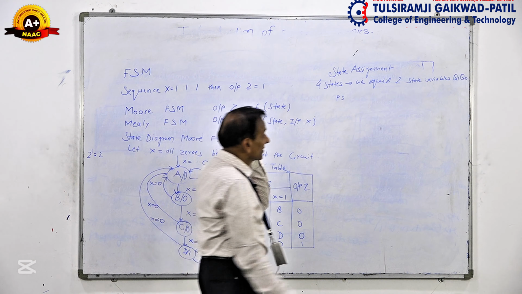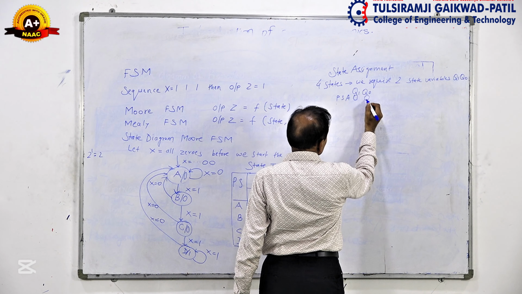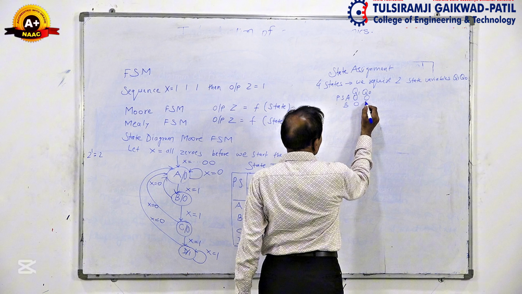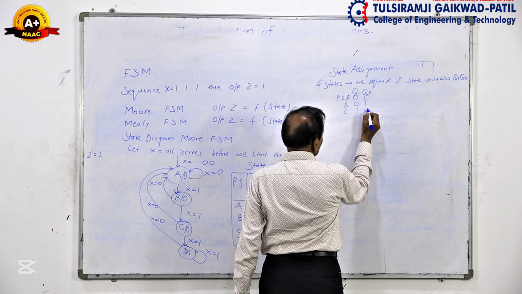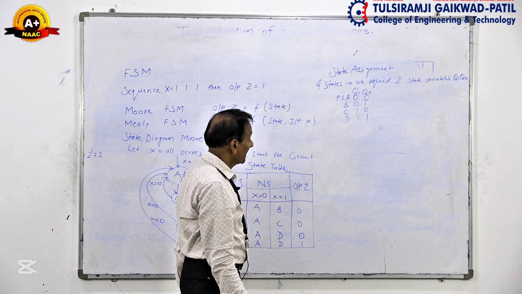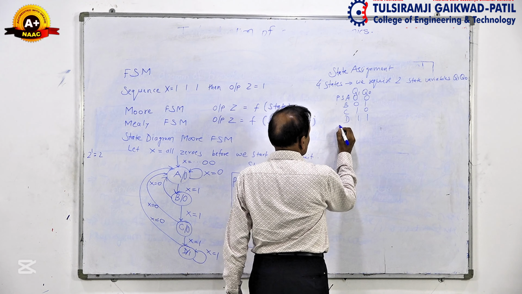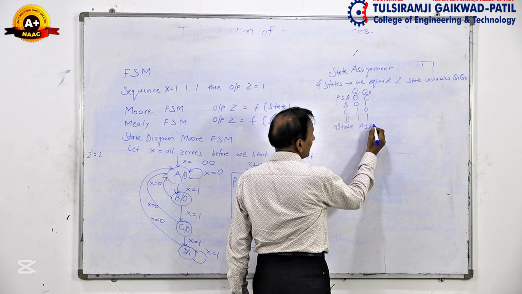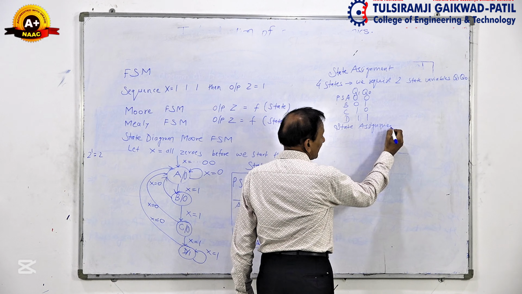So let state A, present state A, have Q1 Q0 representation as 0 0, then state B as 0 1, state C as 1 0, state D as 1 1. Right? Now we will write here state assignment table.